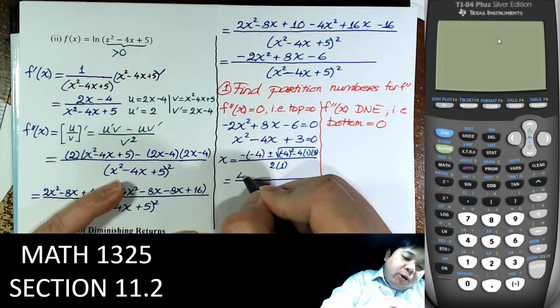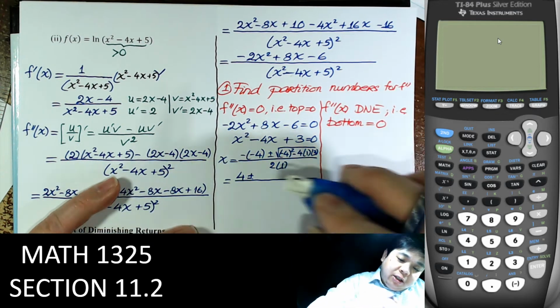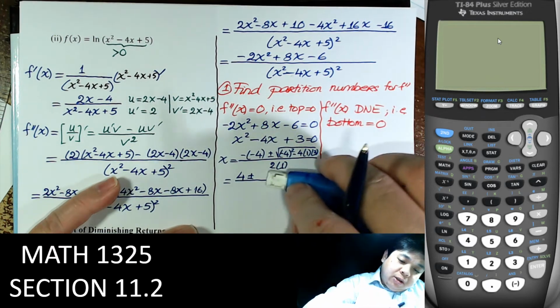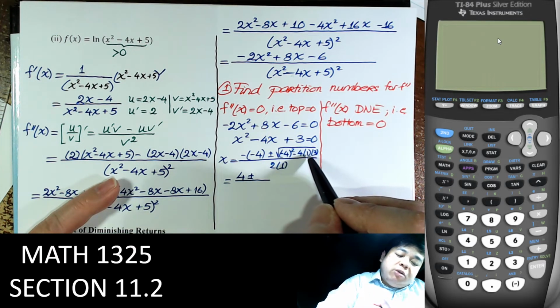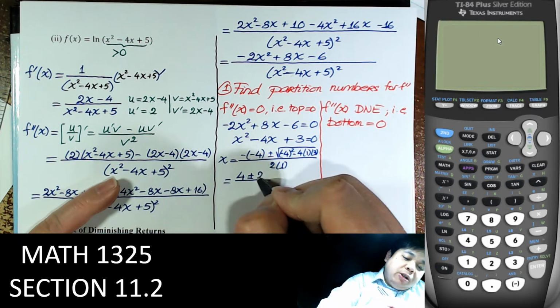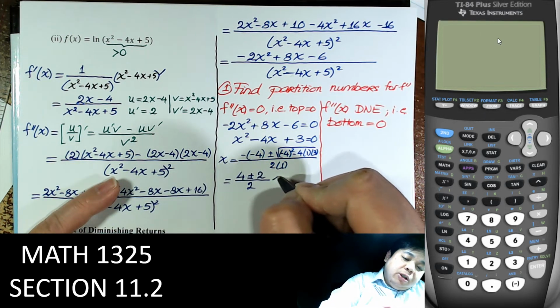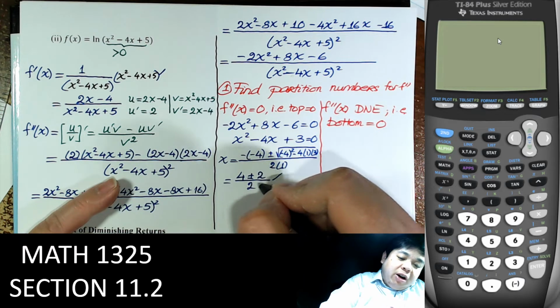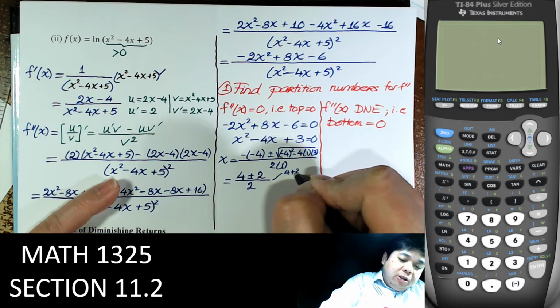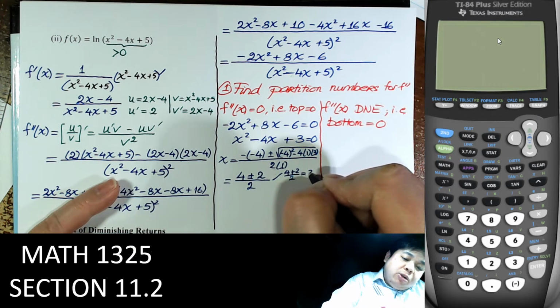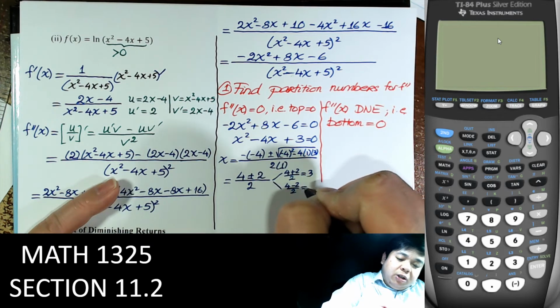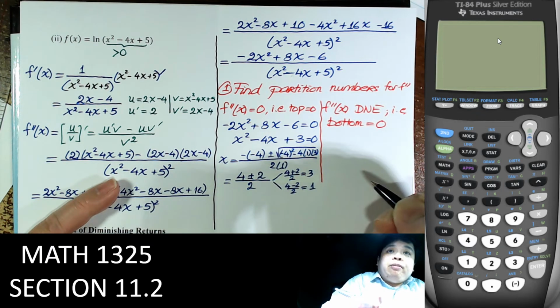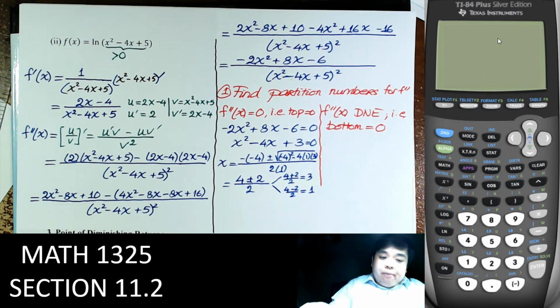Right, so we have 4 plus or minus the square root of negative 4 squared, 16 minus 12, which is 4, square root of 4 is 2, over 2. Right, 4 plus 2 divided by 2, 6 divided by 2 is 3. 4 minus 2 divided by 2 is 1. So you have 3 and 1.